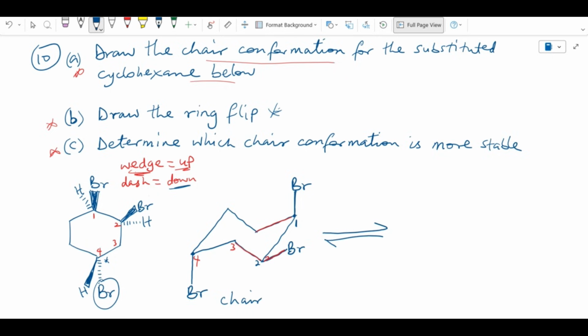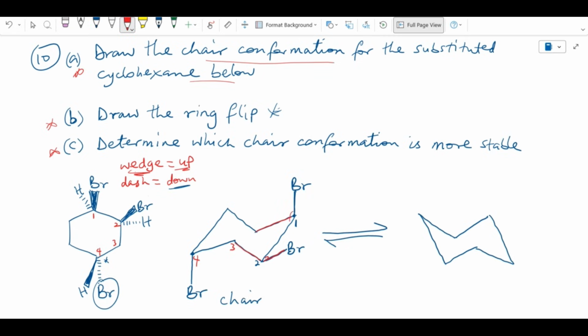So to draw the chair flip, I will also start by drawing two parallel lines, but in opposite direction to the chair conformation on the left-hand side. Again, start drawing lines from these ends and stop midway. Connect this to this and this to this. And so you have your chair conformation.